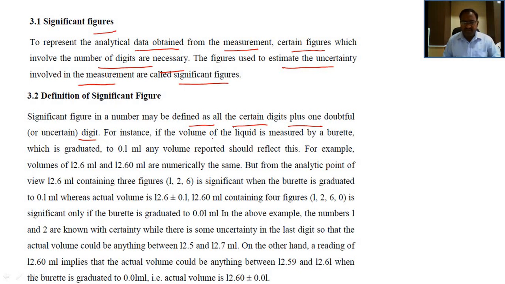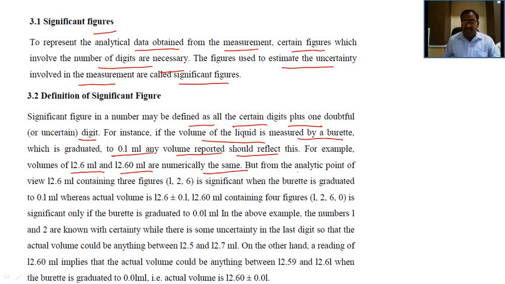For example, in titrimetric analysis, if the volume of the liquid is measured by a burette which is graduated to 0.1 ml, any volume reported should reflect this. For example, a volume of 12.6 ml and a volume of 12.60 ml are numerically the same.